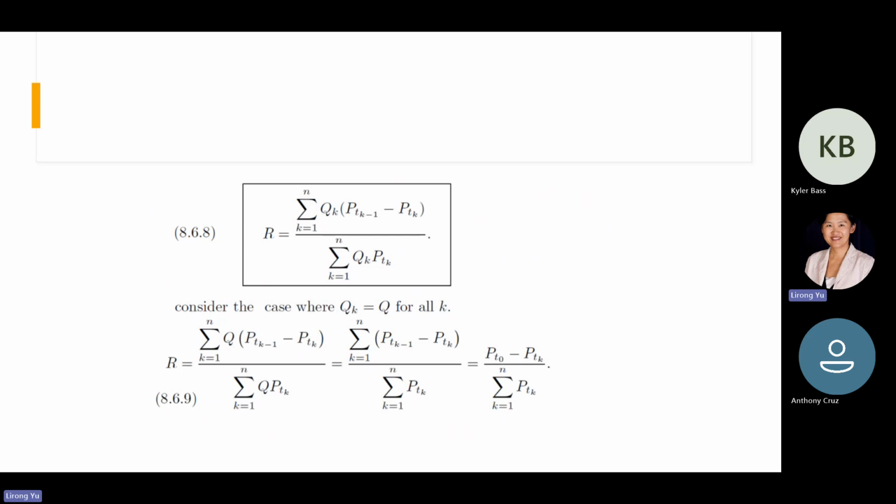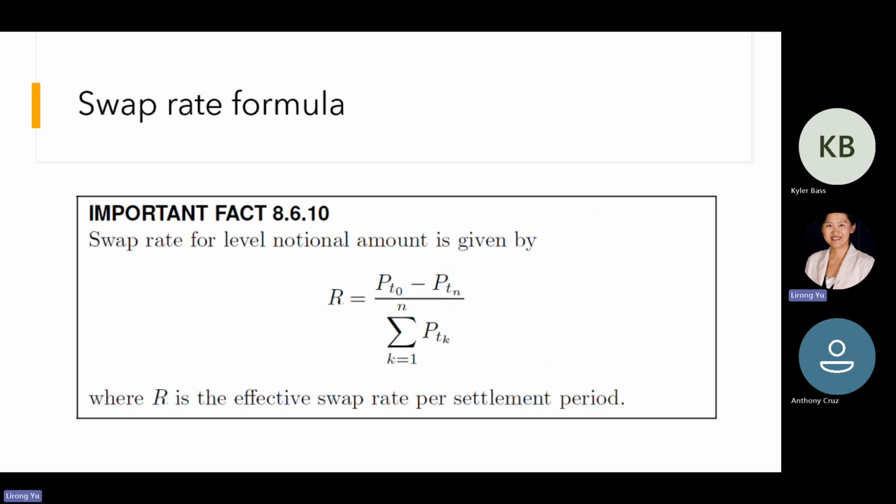We realize that R equals (P_{t_0} minus P_{t_k}) over the summation of P_t, which is all the prices, the reciprocals of the growth factors, added together. It offers a quicker formula for the computation. All right, so that is going to be our swap rate formula.